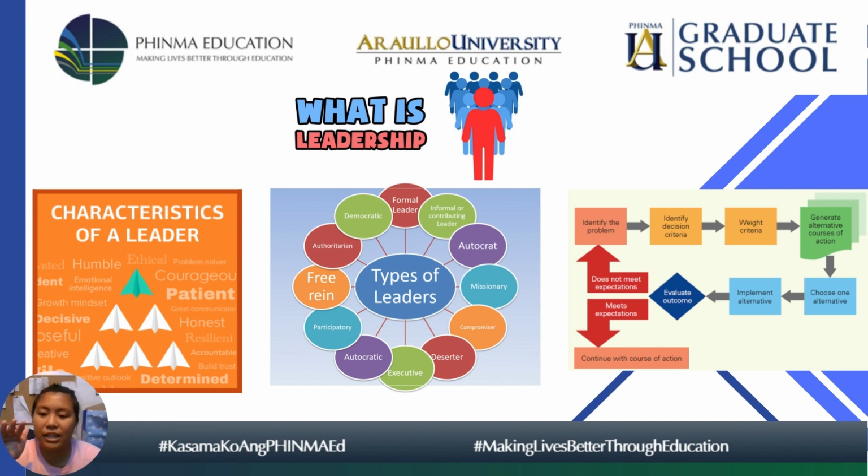Pwede naman nating i-achieve yung work maybe next time. Si executive, hindi. Kailangan nating matapos to, kailangan nating ma-achieve to, pero pag hindi kaya ng mga workers or ng mga members niya, kailangan meron siyang ibang gawin. Okay? Para ma-achieve both. Satisfaction ng members and satisfaction of the work or service.